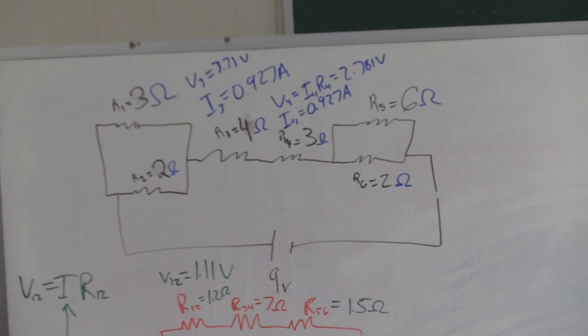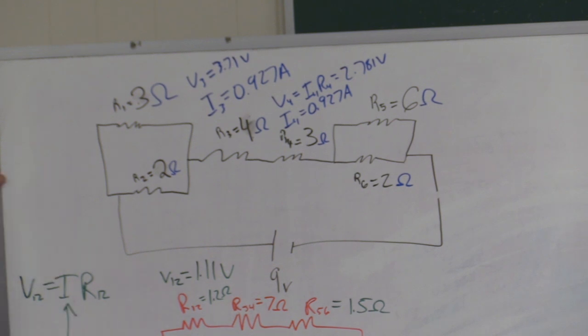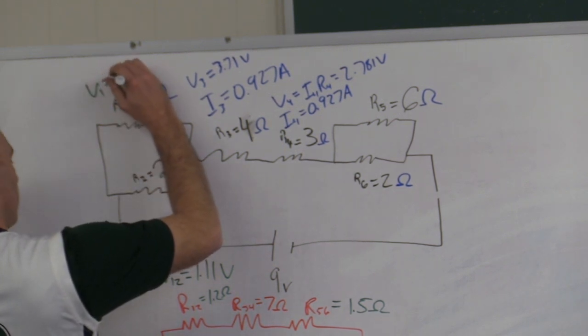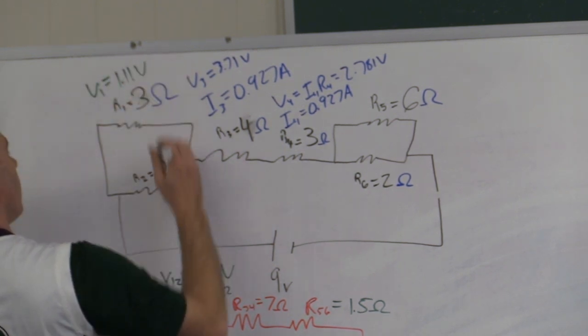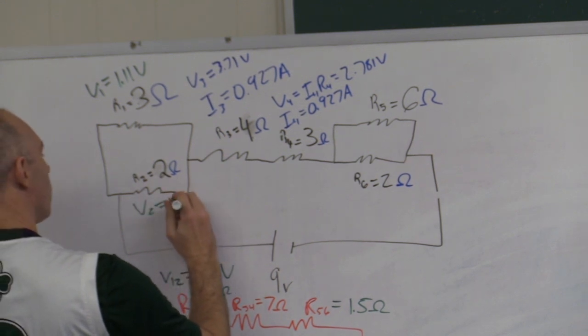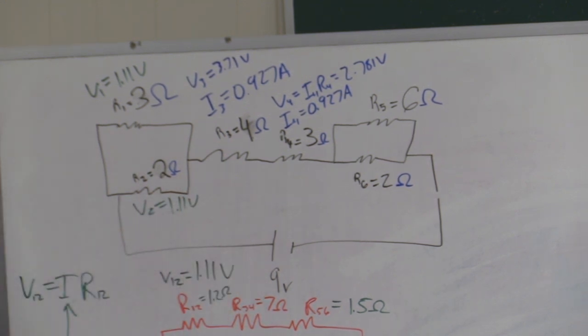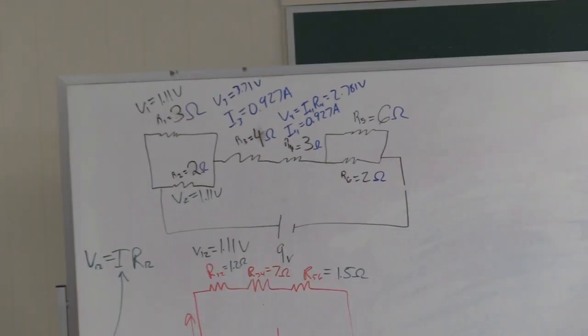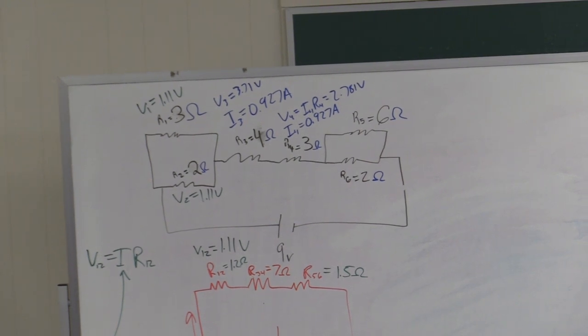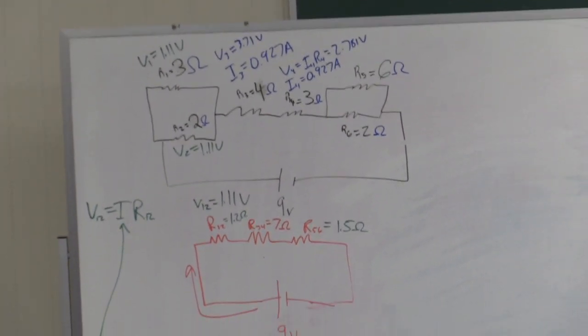It makes no difference what path you take, from this side to that side, that's how much you drop. So that means V1 is 1.11 volts and V2 is 1.11 volts. Look at your rules for parallel resistors. You know that's true. The voltage drop across the parallel set is equal to the voltage drop across each one. V12 equals V1 equals V2.